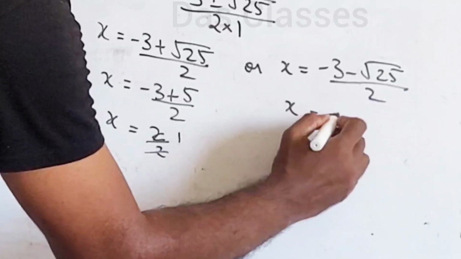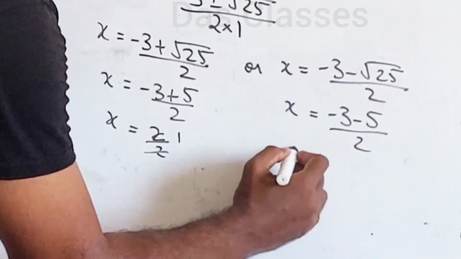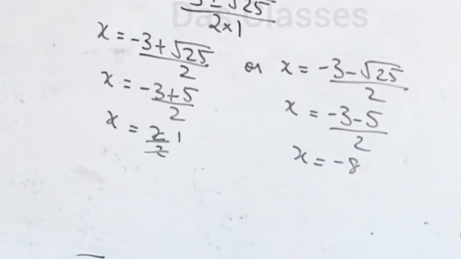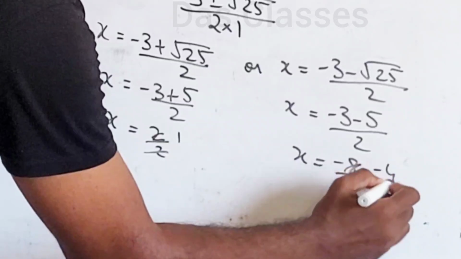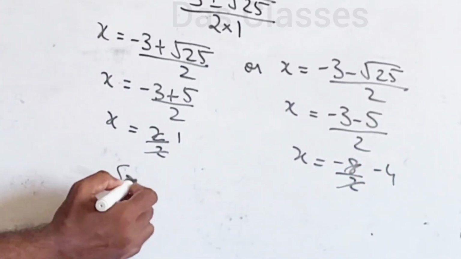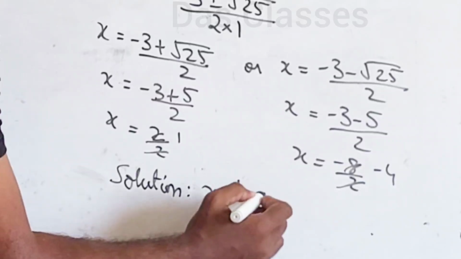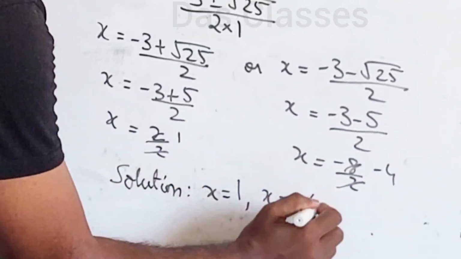And here minus 3 minus 5 is minus 8, minus 8 upon 2, so minus 4. So the solution is x equal to 1, or x equal to minus 4.